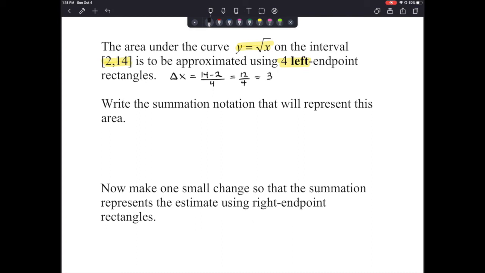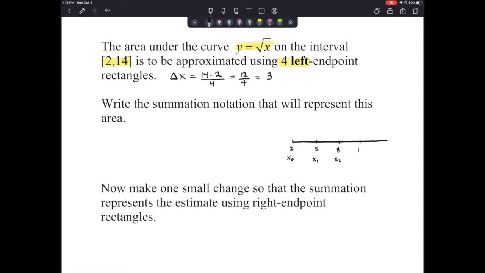And if we were going to take this and graph all of this, I'm not going to do a full graph, but I'm just going to give you a visual so that you can follow along. We know that our x sub 0 would have been 2, and we would have added 3 to that to get 5. That would be x sub 1. We would have added 3 to that to get 8. That's our x sub 2.